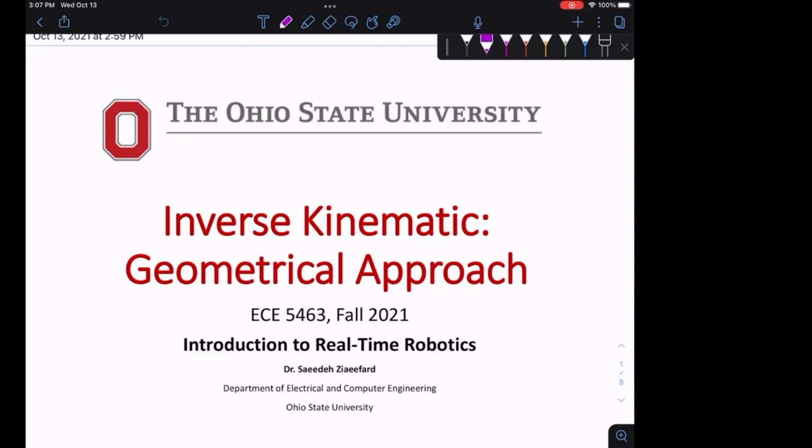And if you plug in the values for the joint variables, which are your input, you will get the position and orientation of your end effector, which is your output. So my hand is here, it's like 45 degrees, then 90 degrees, and this position is the end effector position. That's the problem of forward kinematics.